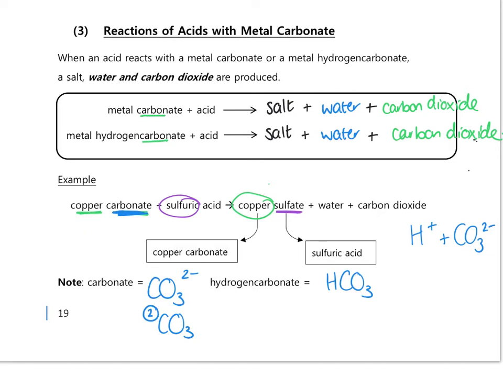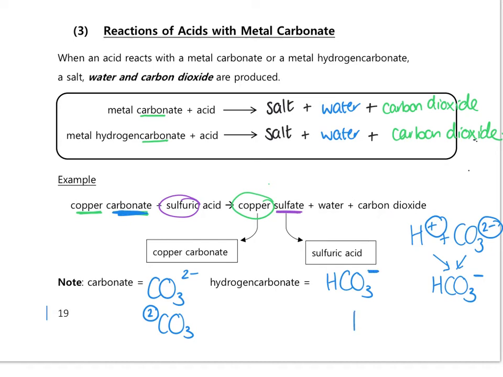So if we add those together, we get HCO3 as our formula. But think about the charge now. We've got plus 1 and minus 2, so it's a total of 1-. So hydrogen carbonate has the formula of HCO3 minus.